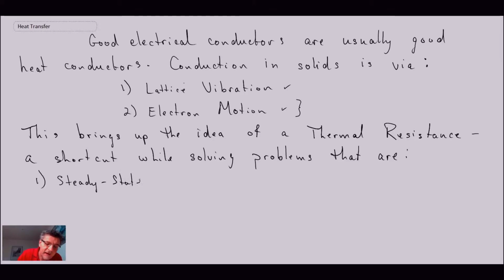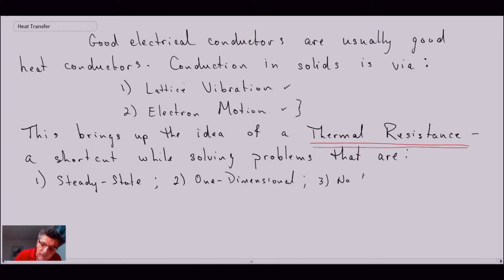So this brings up the idea of a thermal resistance, and we can use this when we have all of the restrictions that we had when we were using that alternative method. You probably have them memorized by now: steady state, one-dimensional, no heat generation, and the last one was that the thermal conductivity was a constant, so it's not a function of temperature.